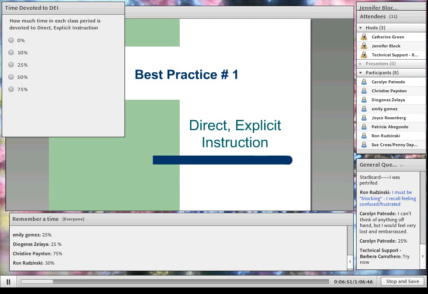Can you take a minute to actually, good. More? Sometimes it can be difficult to evaluate in any given class period how much time is instruction, how much time students are working independently or in groups. Okay.